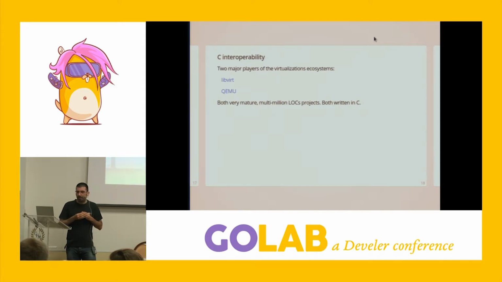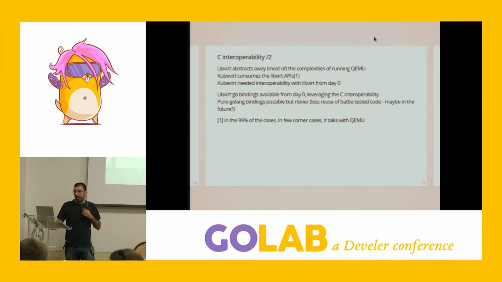And that helped us, because the components of the virtualization stack are very big, mature projects, multi-million lines of code, and we wanted to use them from day zero. And we did, because using CGO, you can just consume those libraries and have easy access to client libraries.